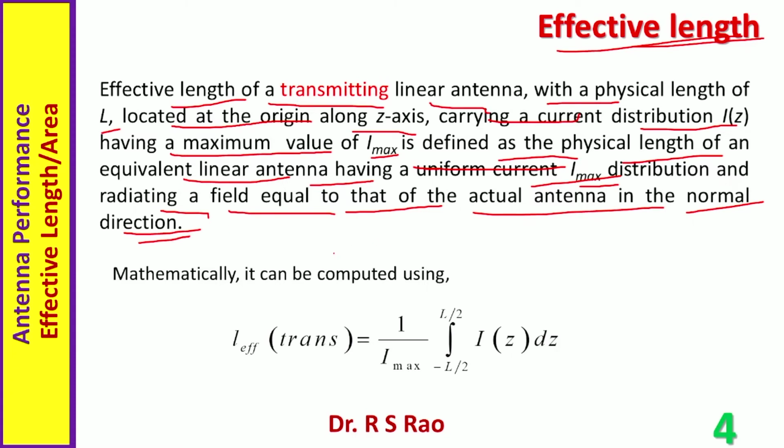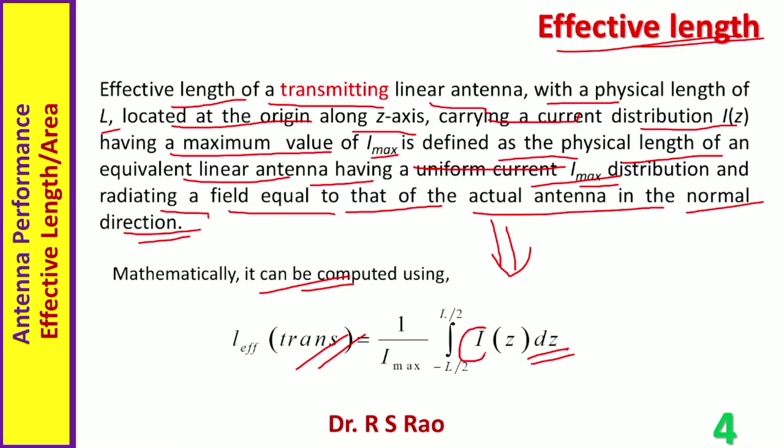Normal means perpendicular. Mathematically, the statement implies L effective is 1 by I max integral from minus L by 2 to L by 2 of I of Z dz. This definition is for when the antenna is in transmitting mode.